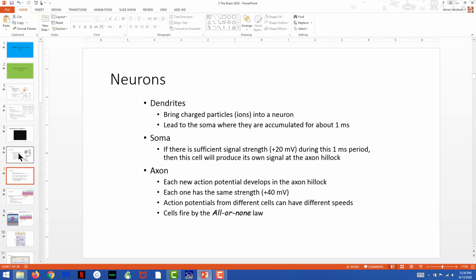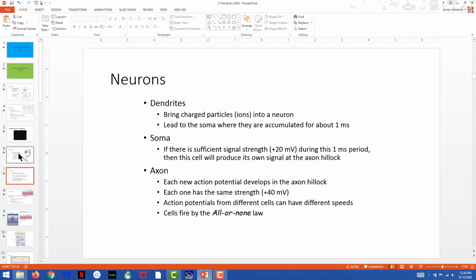So charged particles come into the dendrite, they float up the dendrite and reach the voluminous soma. When they reach the soma, they have a 1 millisecond time frame in which they have to produce a positive 20 millivolts worth of charged particles at that one time.